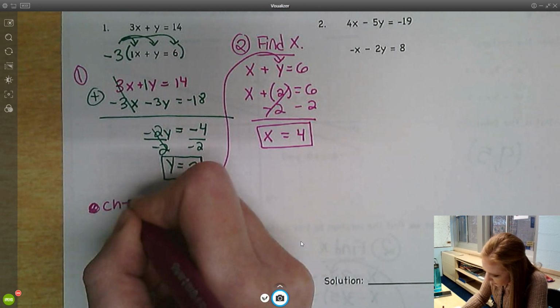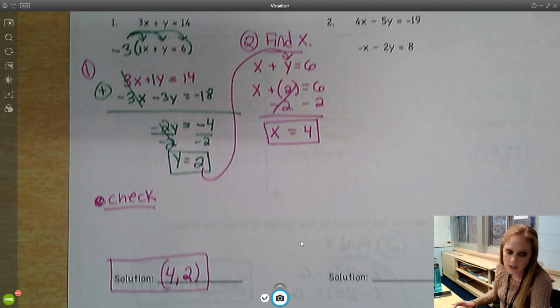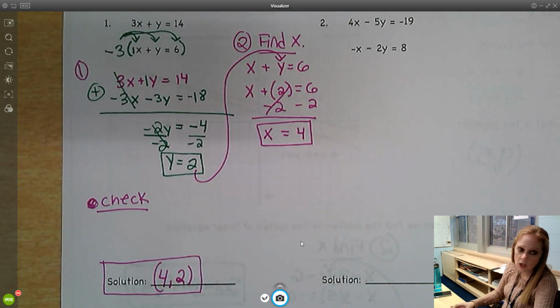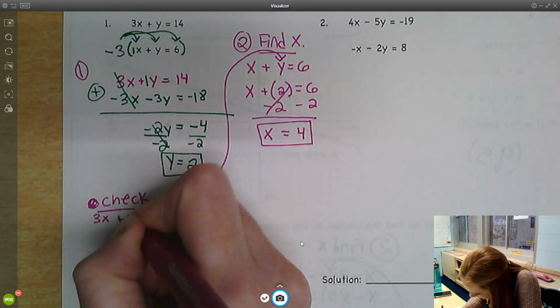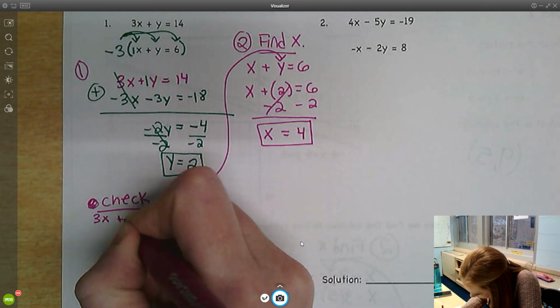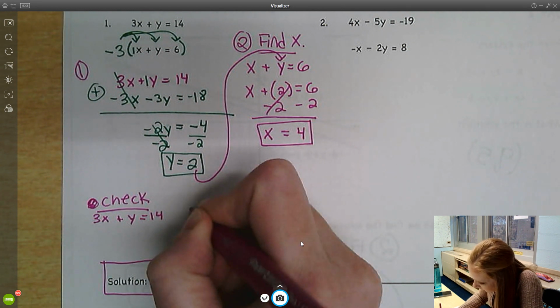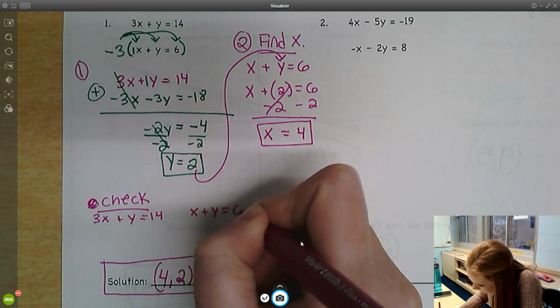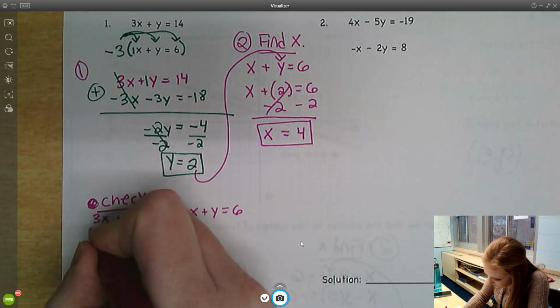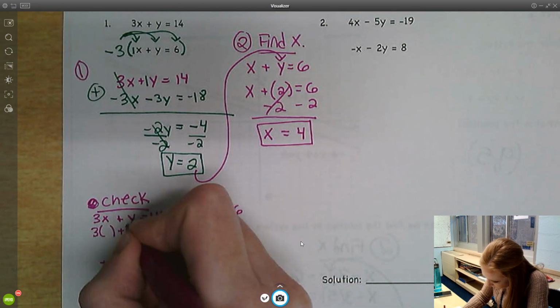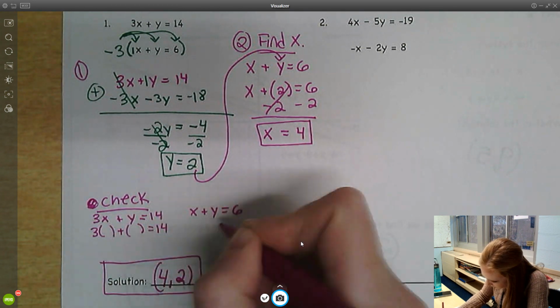I'm going to show you how to check this one. It's always a good idea for these more difficult problems. You're going to rewrite both originals. The check's pretty quick too, so it's definitely worth it. And then the other original. And we're going to plug in for both x and y. So we said x was 4 and y was 2.